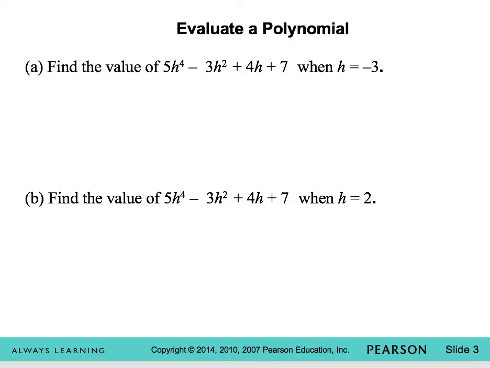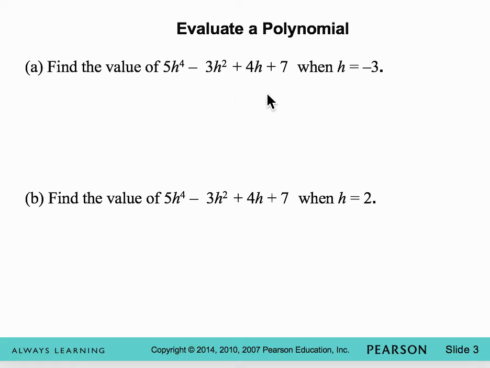Okay, so 2 things we can do with polynomials. Just like the expressions we've already worked with, you can either evaluate them or you can simplify them. You cannot solve them. I don't have an equal sign. There's no equal sign in this, so I can't solve it. But if you are told what the value of the variable equals, you can plug it in and then do the math when it's just numbers.